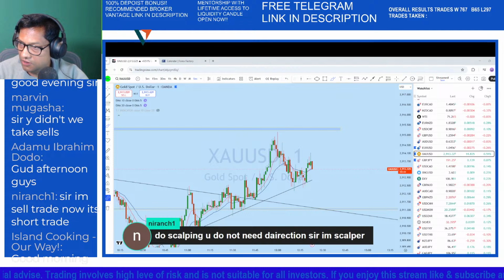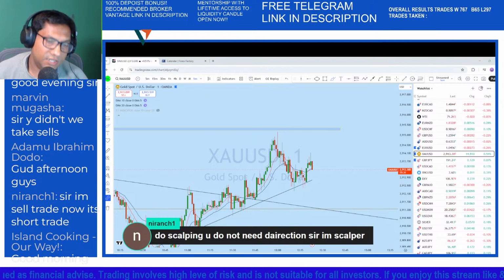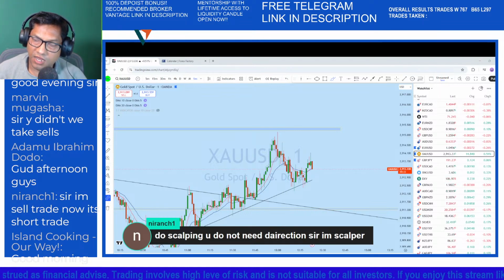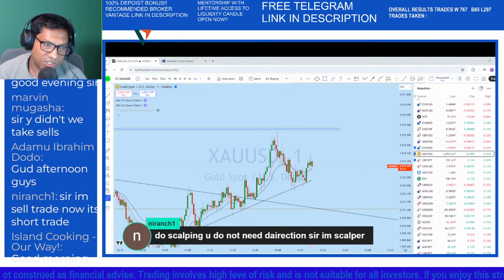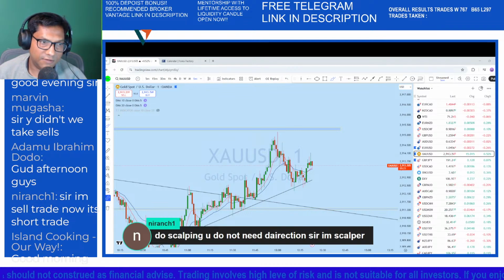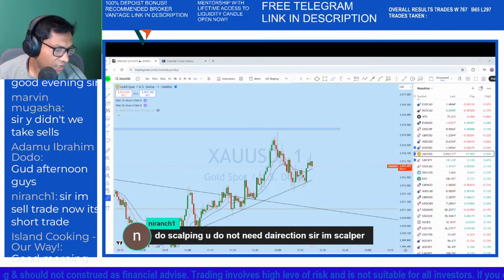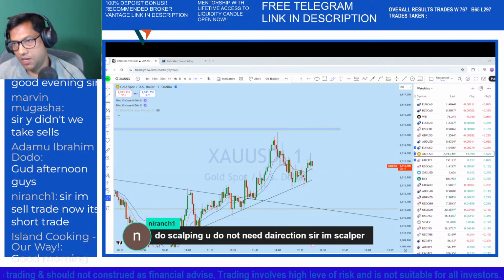Do scalping. Do scalping. You do not need direction, sir. Scalper, you need direction, of course. Either you are scalping or day trading or swing trading, definitely you need a direction. It is very important. Without directional bias, it's not a good idea, because even in scalping you might need it more.